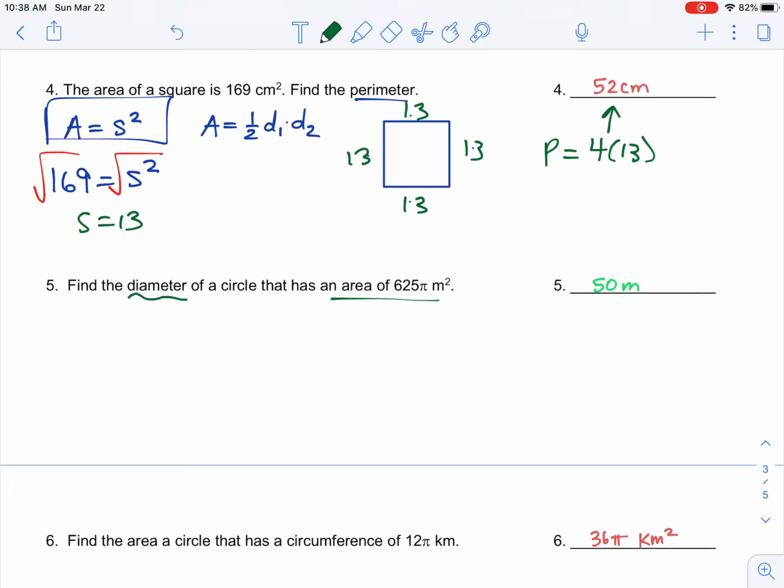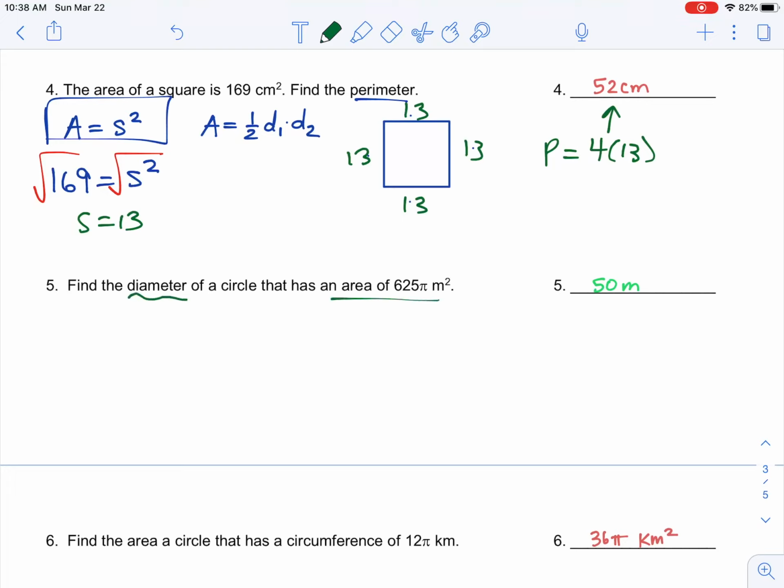Divide by 15. 5 is my width. Now perimeter means I have to add up all the sides. So I've got 15, then 5, then 15, then 5. And I get 40. Again, it's just perimeter, so I don't use units squared.